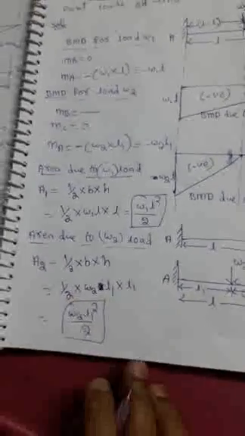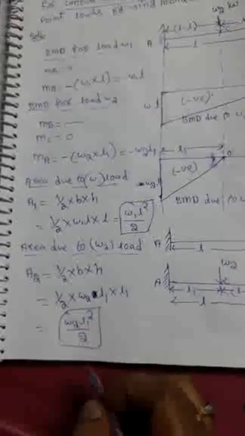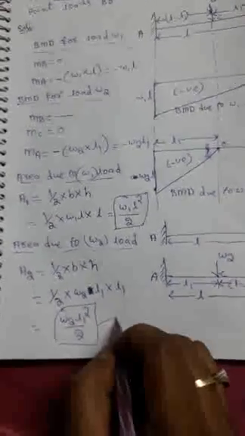Simplifying this equation, we get W2 L1 square by 2. So this is the area 2 formula and this is the area 1 formula.